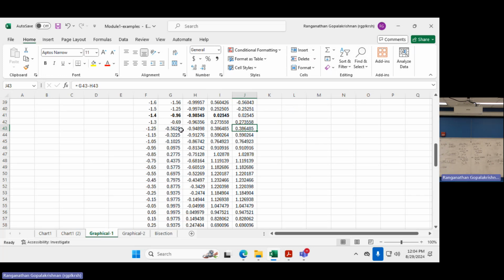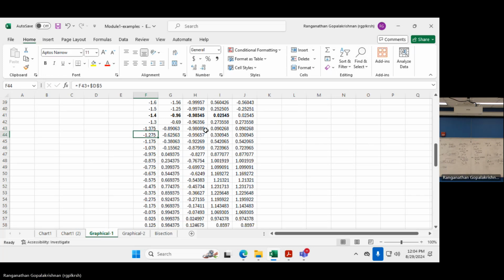And I want to know what is the value of the function there, which is 0.0902. Positive, I think. You agree with me? 0.0902.